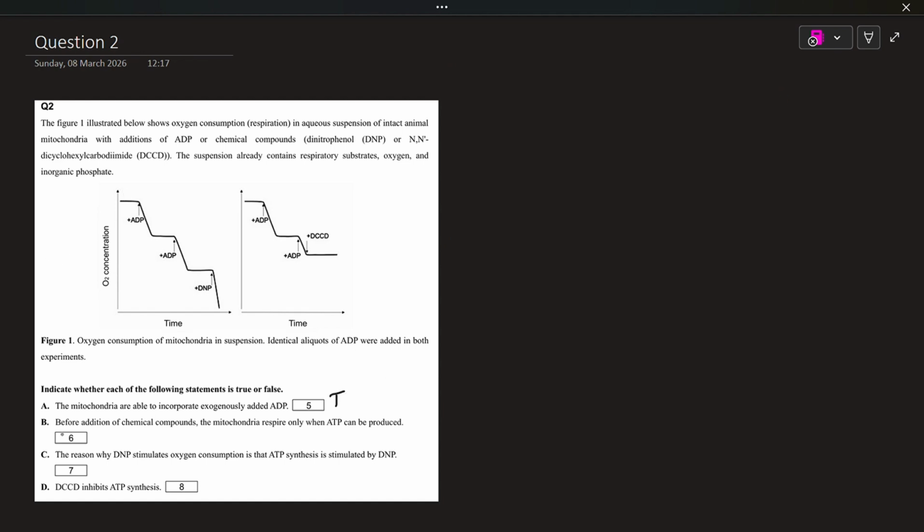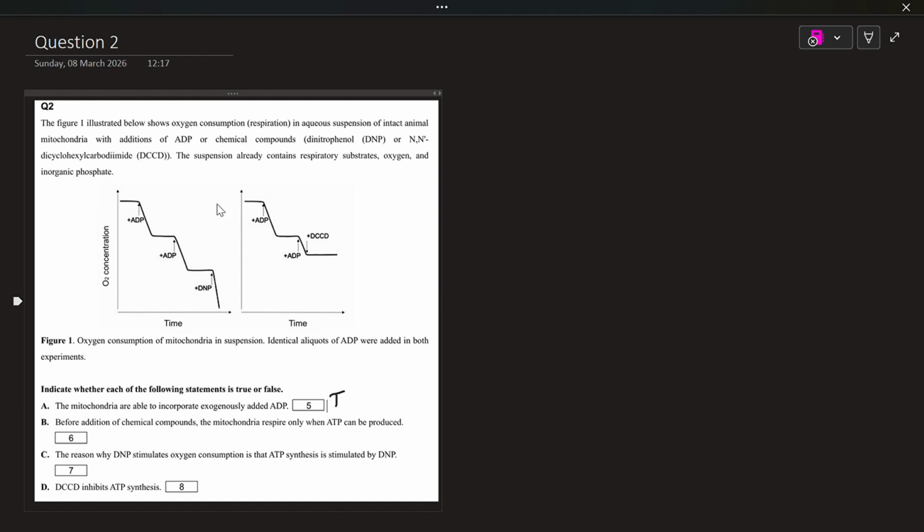Statement B. Before addition of chemical compounds, the mitochondria respire only when ATP can be produced. So we can see again in the graphic, in the segment before DNP and DCCD are added, high oxygen consumption occurs when only ADP is available. Once the ADP is converted into ATP, the slope flattens.